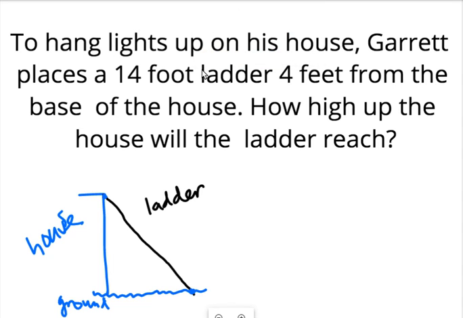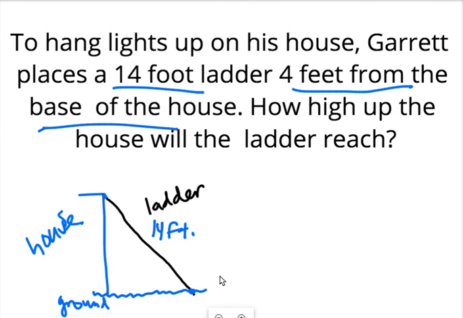Now let's look at the information they give us. To hang lights, he places a 14-foot ladder. So I know the ladder is 14 feet, 4 feet from the base of the house. So if this is the base of the house, the ladder gets put 4 feet away.